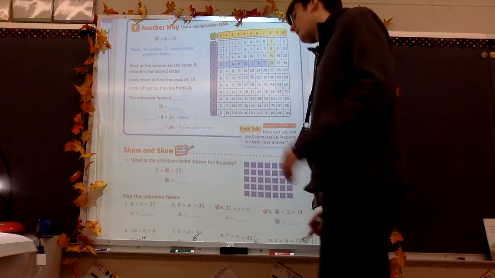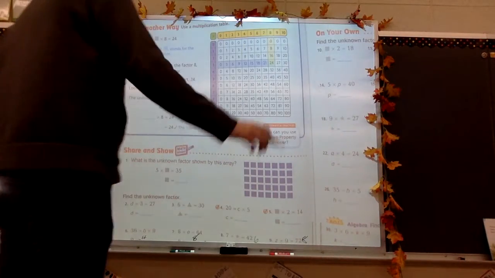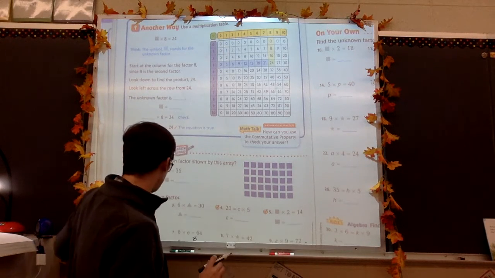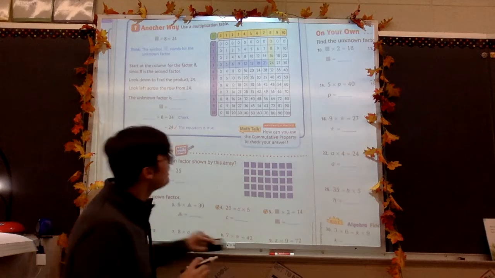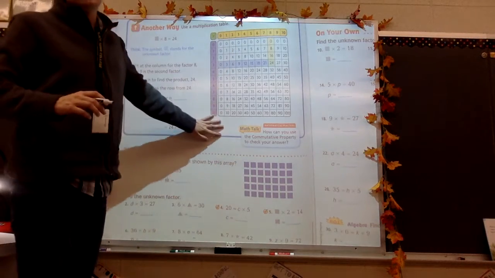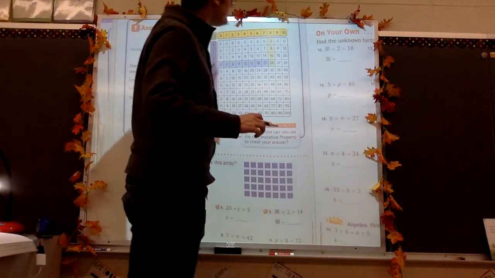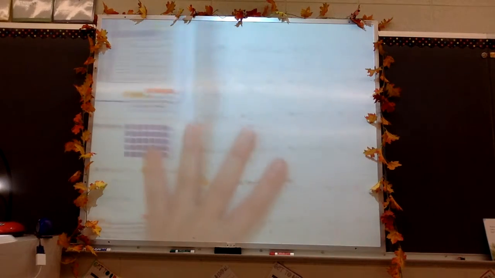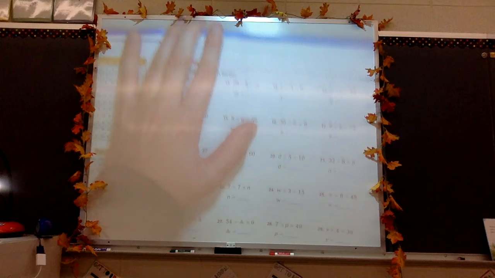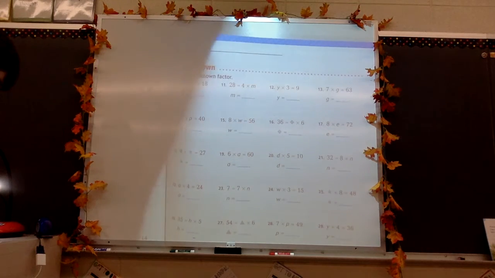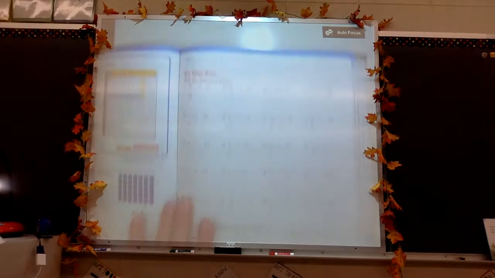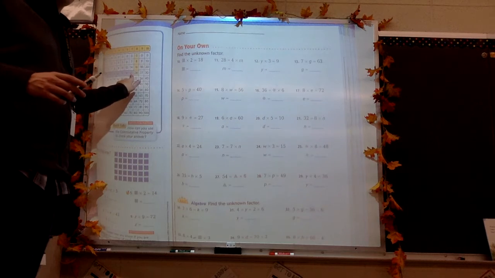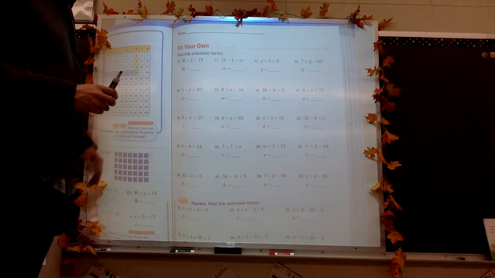Alrighty. So, at this point in time, we're going to move over to the next page, but we need to keep our eyes on this table. You're going to be using this table, okay? So on the next page, 187 here, on your own, you're going to use the table from the previous page.